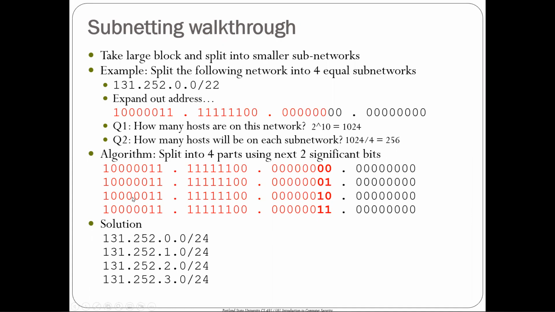There are 24 bits that are now the network part. And so you'll see as this number decreases, the network gets bigger. Portland State is 131.252. This is actually what we advertise. This entire campus, that's what we're going to advertise out to the rest of the world.